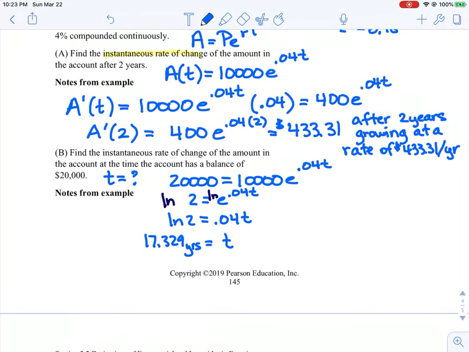Now we use that in our derivative that we already found. And you get 800.